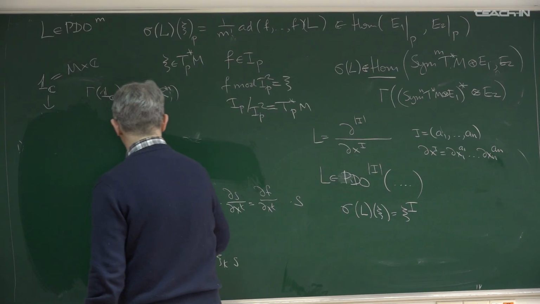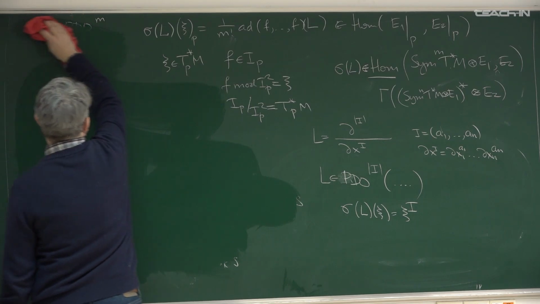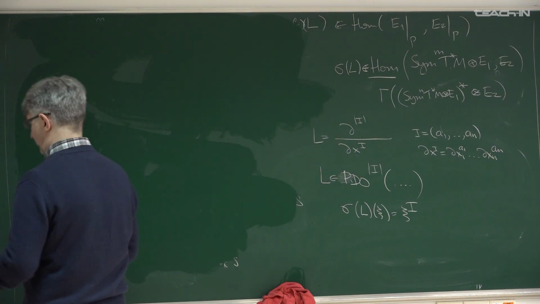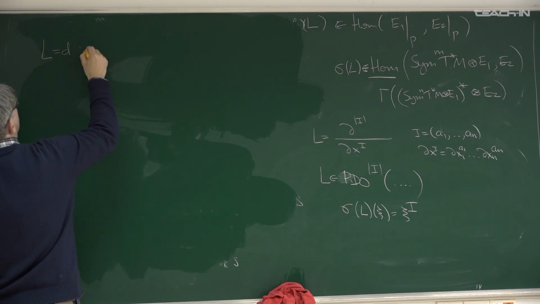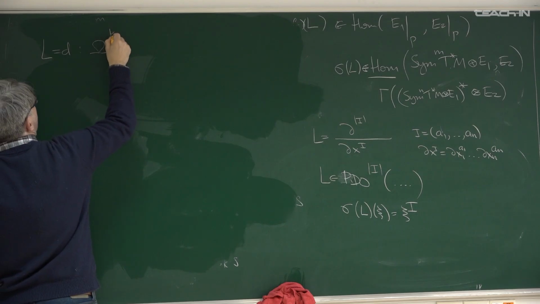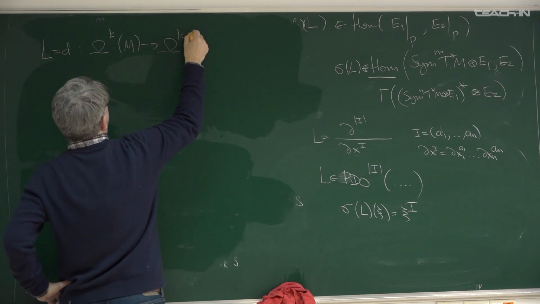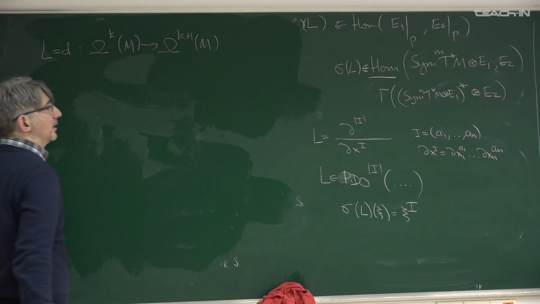Very good. Okay, now we calculate the symbol of the de Rham differential and the symbol of the covariant derivative. Let's try. We consider the differential operator which is the de Rham differential, which sends differential forms of degree k to forms of degree k plus 1.